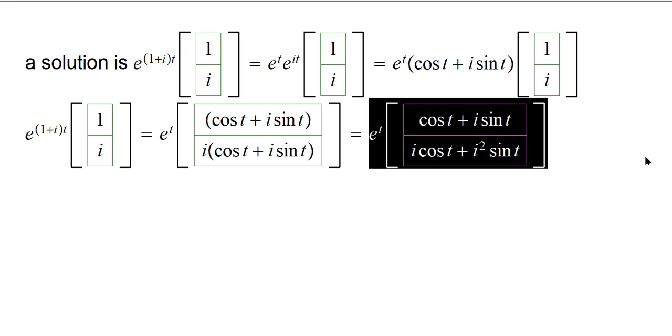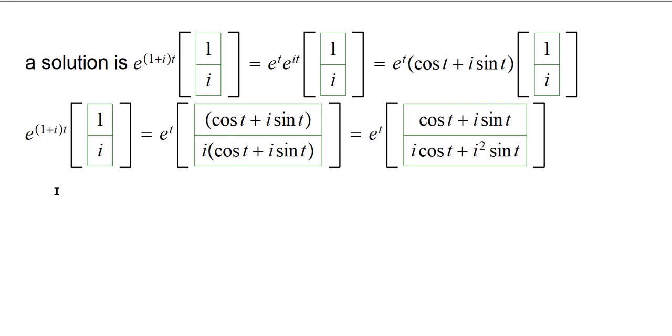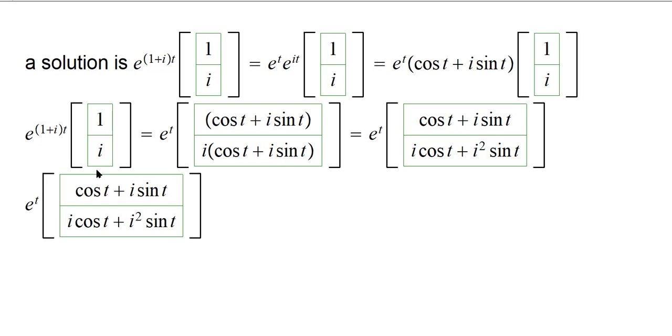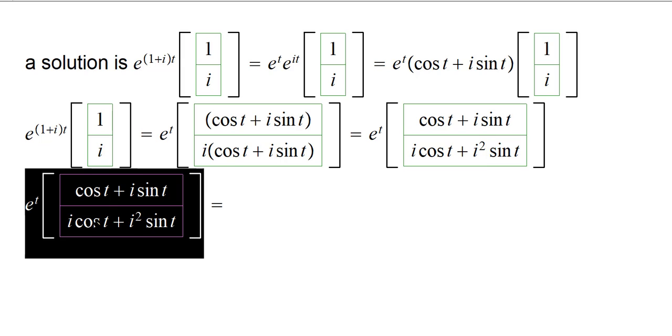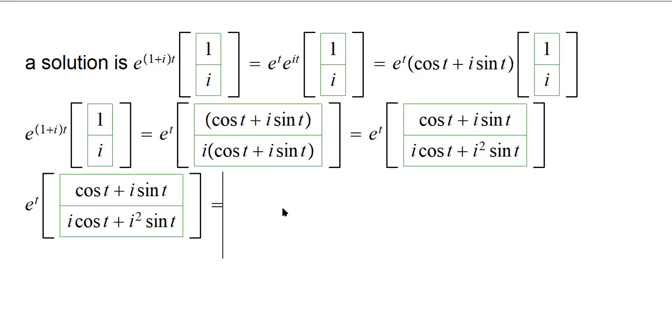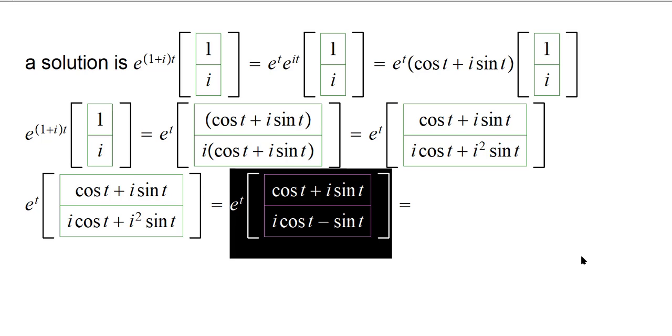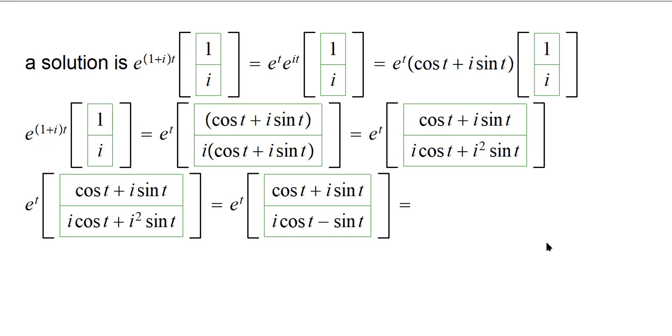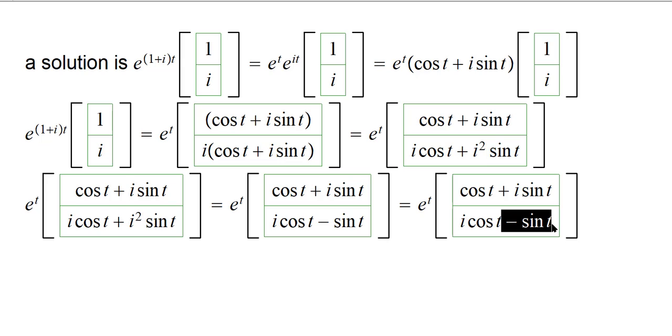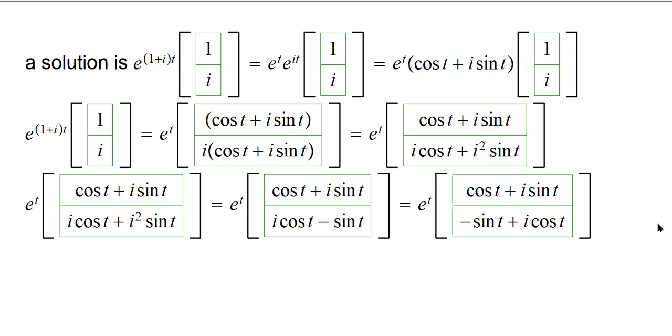As I told you, it's guaranteed that no matter which vector you start with, you'll get to the same conclusion. So the i squared will simply become negative 1, so that just becomes negative sine t. I'm just going to put this first, as a tradition, because it's the real part.